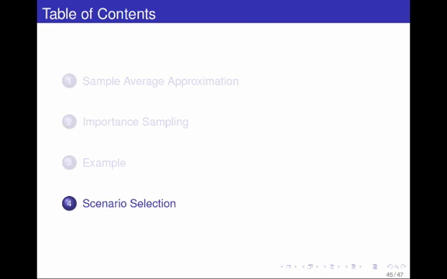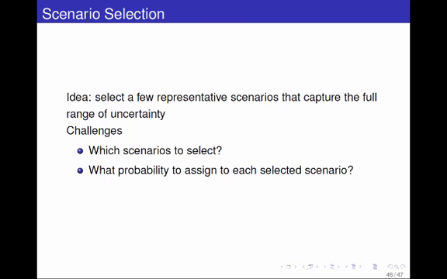One approach is to pick a few representative scenarios. So the question immediately becomes which ones to pick and what weight to assign to them. Both of these things matter if you think about it.